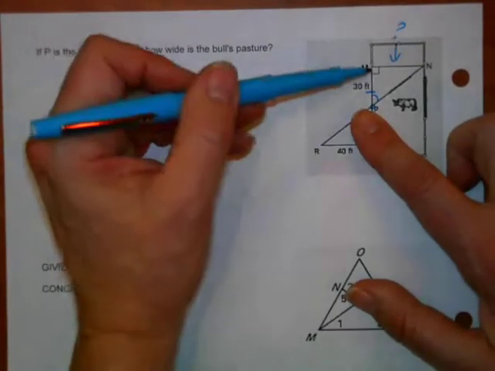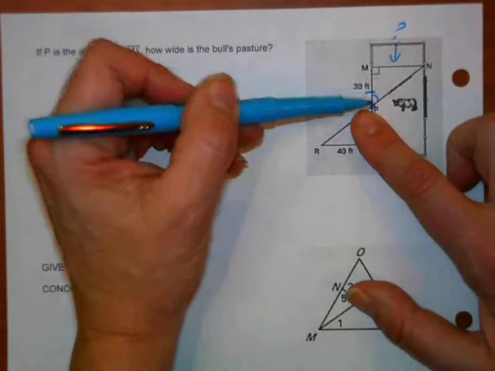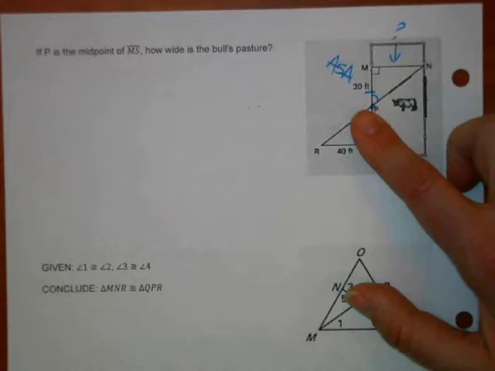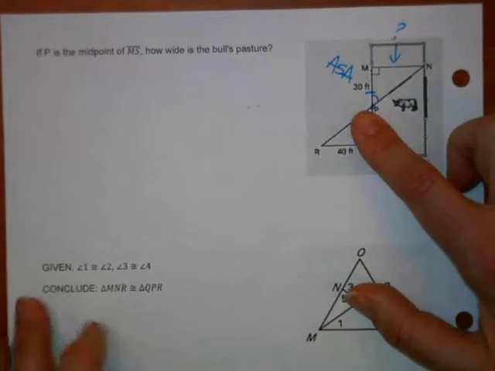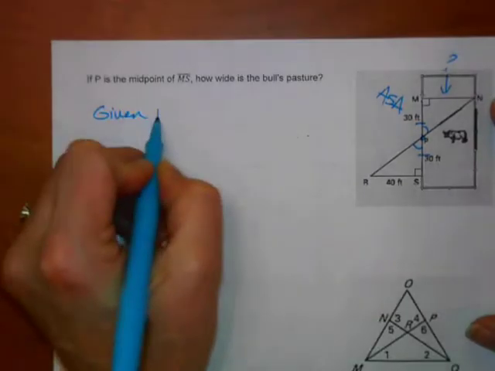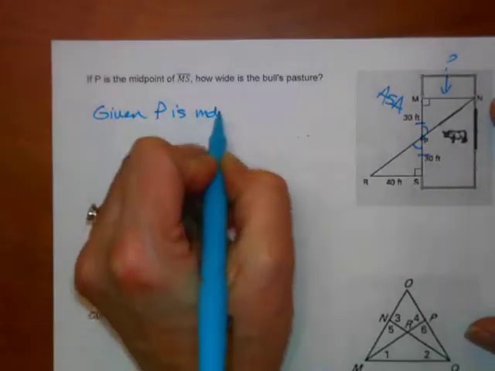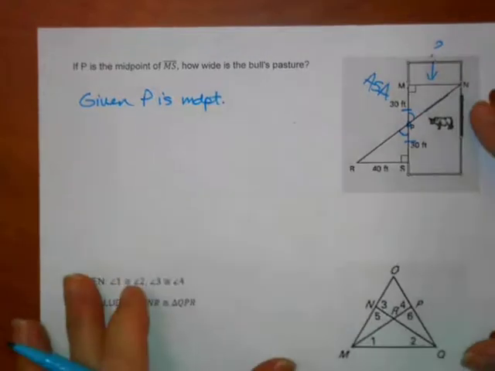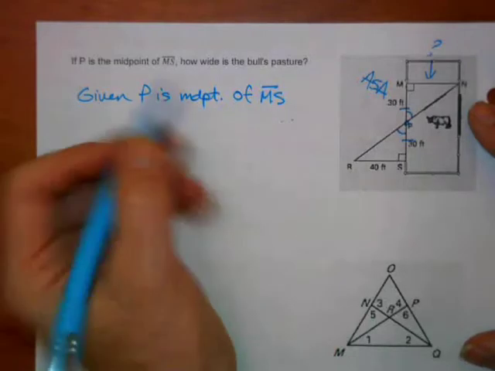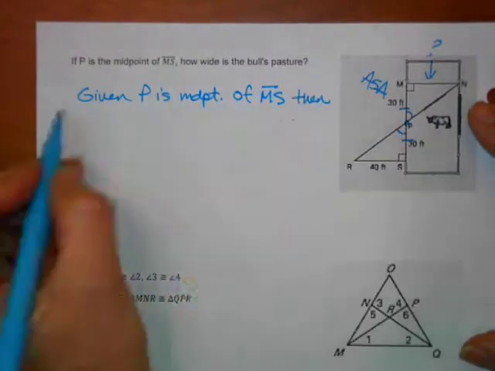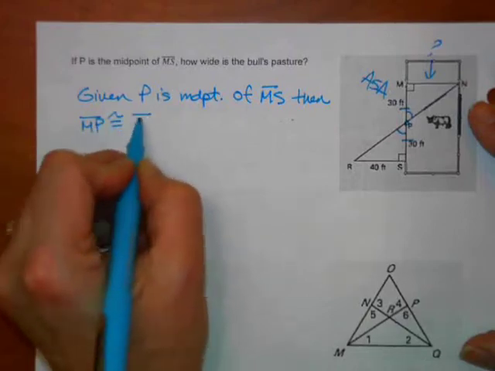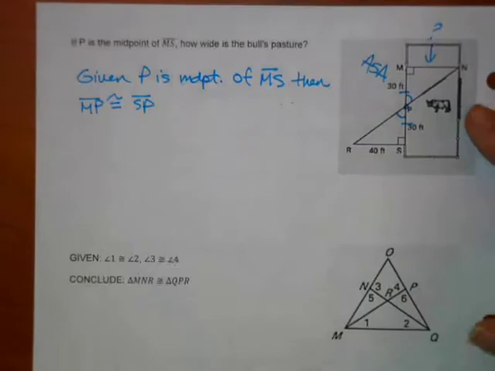So let's look at one of them. What do I have? I have angle, side, angle. So I'm going to prove angle, side, angle. So let's start with the given. Given that P is the midpoint, I'm going to abbreviate midpoint, of MS, then I can say that MP is congruent to SP by what?